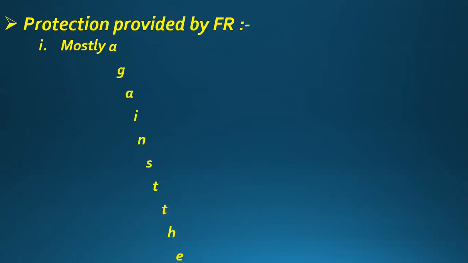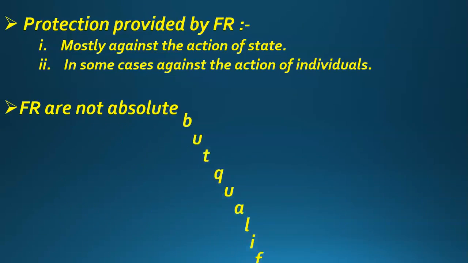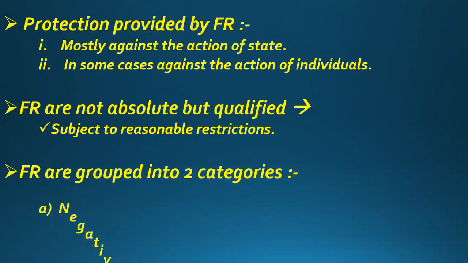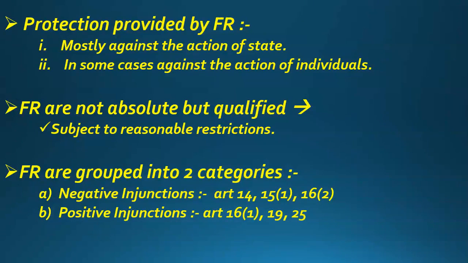So friends, fundamental rights provide protection to the citizens and the people of a country, mostly against the action of the state. For example, the state cannot take away our life, or reduce our personal liberty, except according to the procedure established by law.